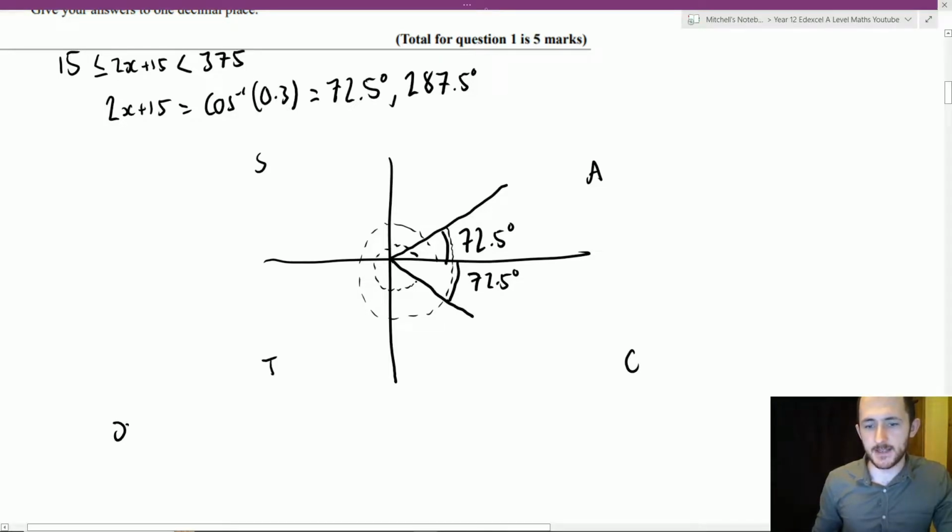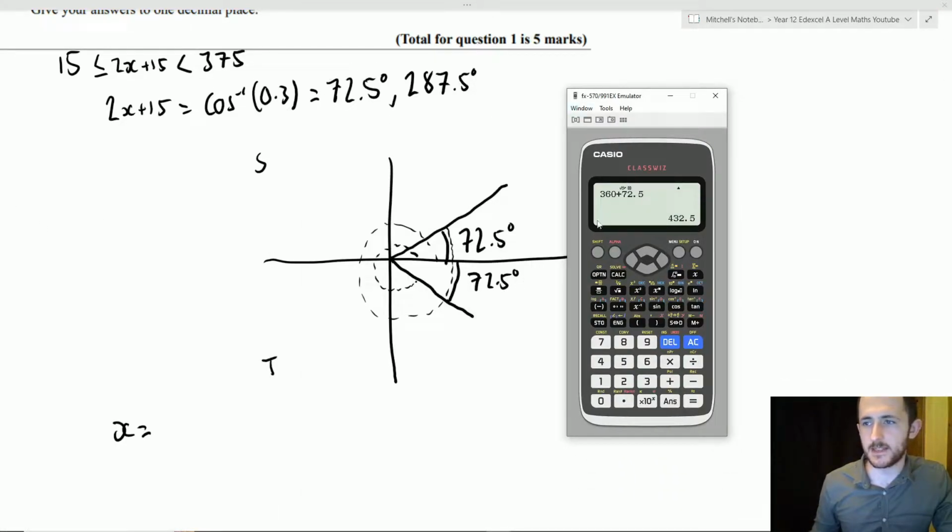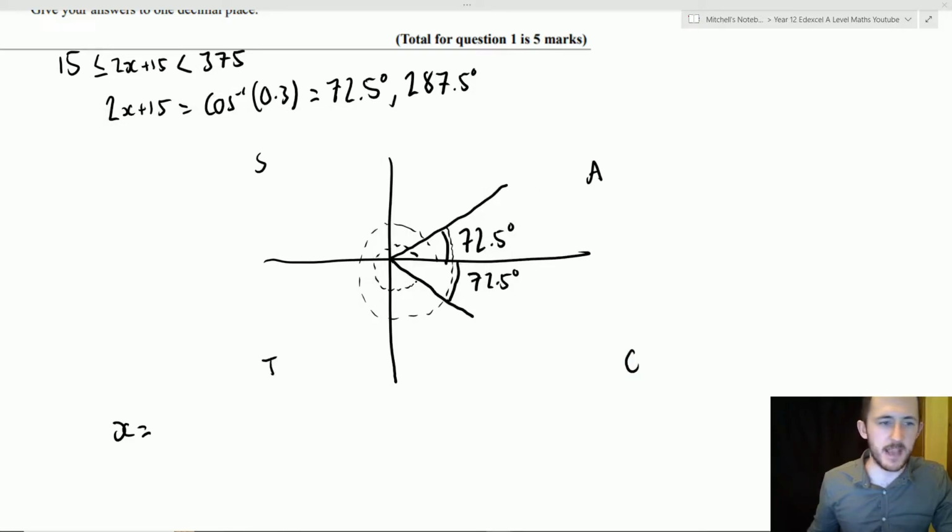So with x equals, what we need to do is subtract 15 from these numbers and divide them by 2. So we have 72.5 minus 15 and then divided by 2 gives me an answer of 28.75, so 28.8 degrees.